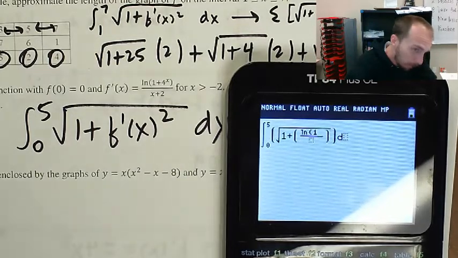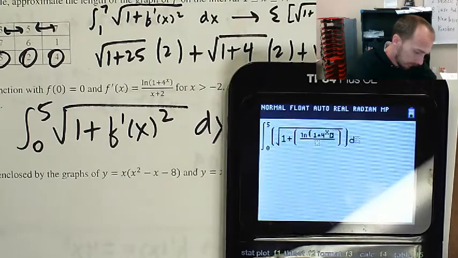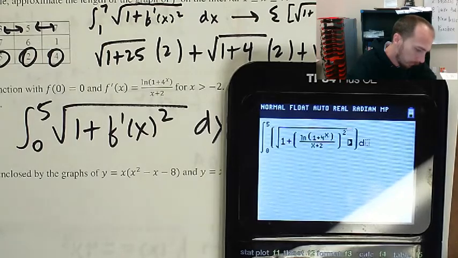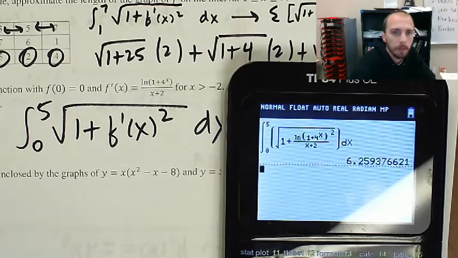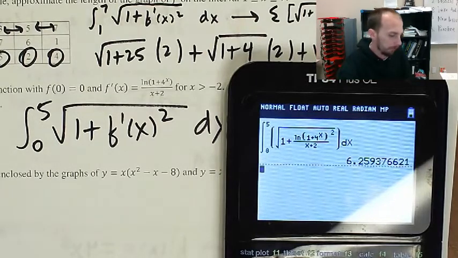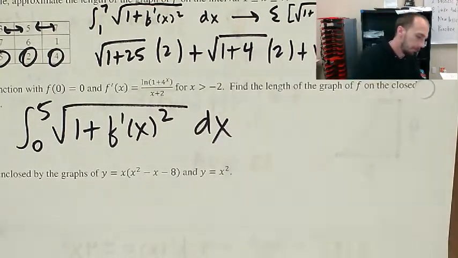Log of 1 plus 4 to the x, serious derivative here, divided by x plus 2. Got the squared. Don't forget to square the derivative. 1 plus dy dx squared dx. All right. I would have thought that would have taken the calculator much longer to compute. 6.259.